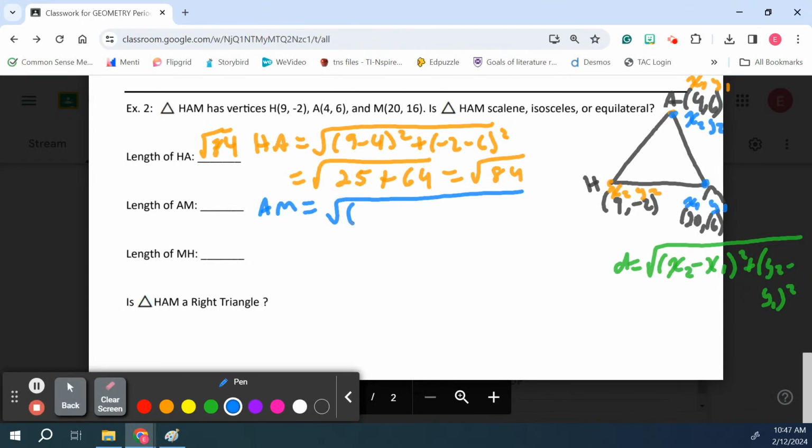So here I'm going to have 4 minus 20, quantity squared, plus 6 minus 16, quantity squared.